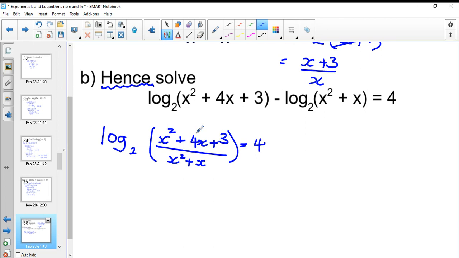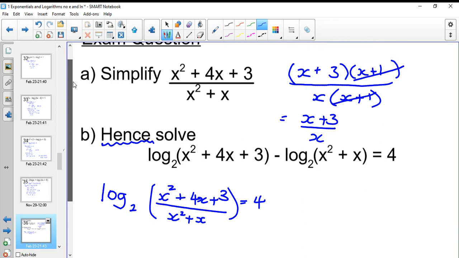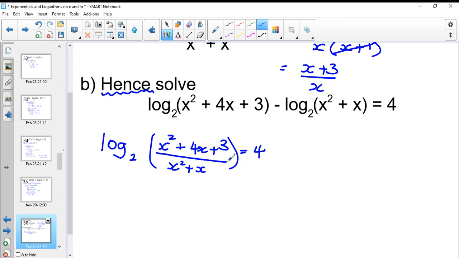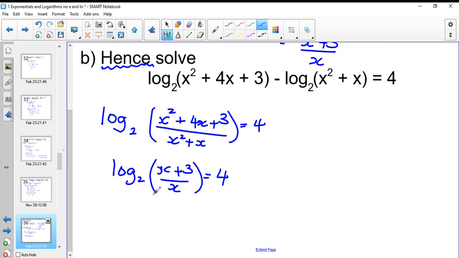Now here's the link. That was the algebraic fraction given in part A. So we now know that that simplifies to x plus 3 over x. So that's the hence part, using what we've just done in part A.